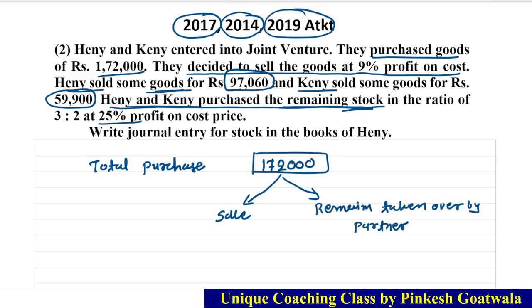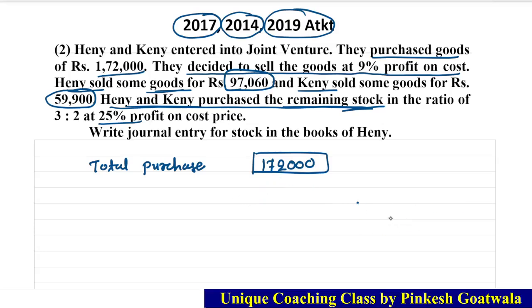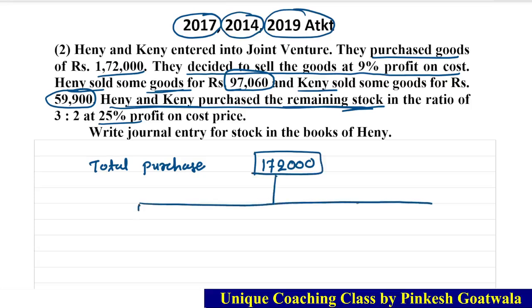So the remaining goods they take away. So here the important part is how much goods has been sold and how much goods taken over by the partner. The total goods will be divided in two parts: one is sold, and second the remaining taken over by partner.